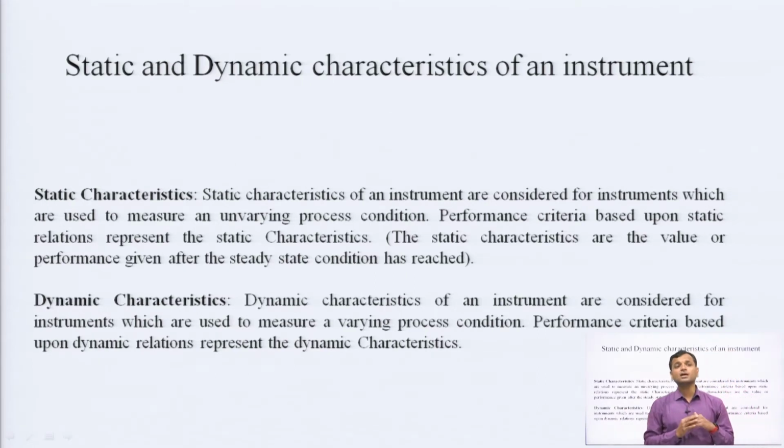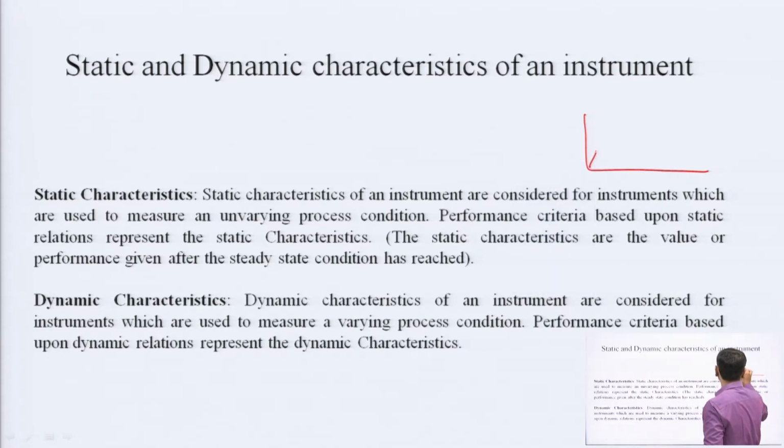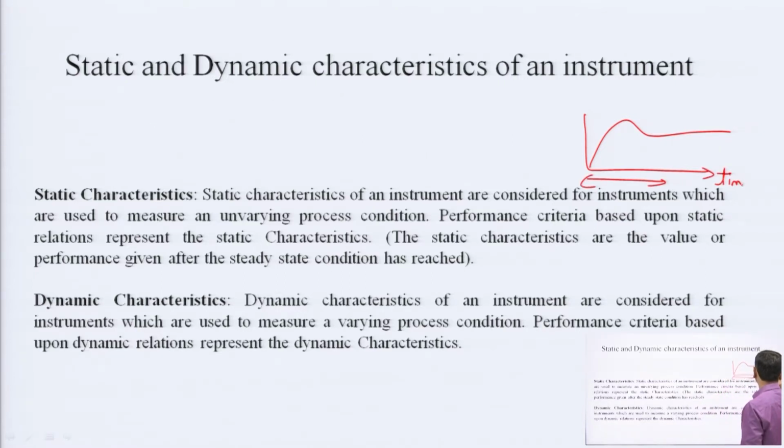And dynamic characteristics of an instrument are considered for instruments which are used to measure a varying process condition. That means, I have given you one type of curve in which the response is varying with respect to time. When the response is varying with respect to time, it is known as the dynamic part, and when the response becomes constant with respect to time, it is known as the steady state part, and that part belongs to a certain set point value of the input.